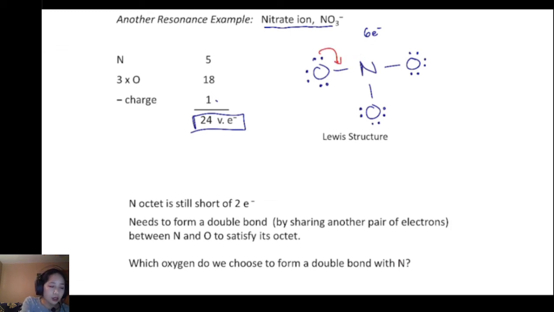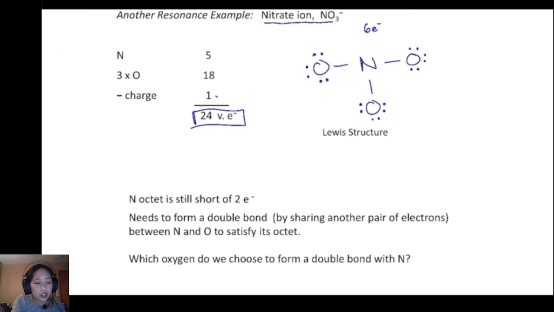Or do we put the lone pair on this oxygen here? Or do we pick this oxygen? There are a bunch of different options we can choose. If I ask this question to the whole class, maybe the person next to you will choose a different oxygen. So this is an example of resonance.